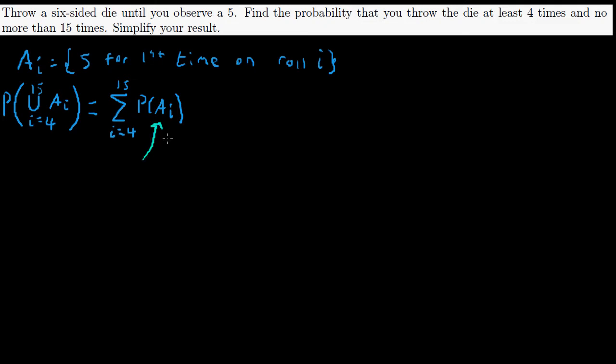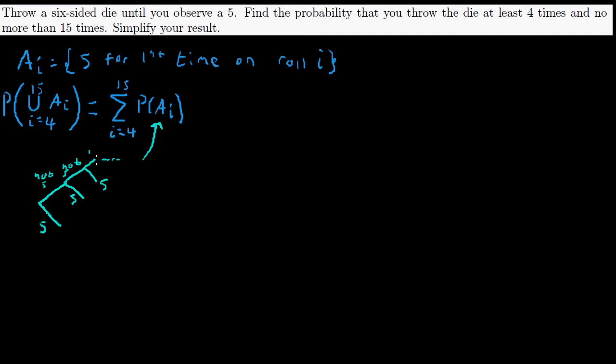Well, you notice, you have to get i minus 1 not-5s, and then a 5. So if we think of this as like a tree, this is 5, this is not 5. If we get here, we stop. If we get here, we go on again. 5, not 5, and go on one more time, and so on.